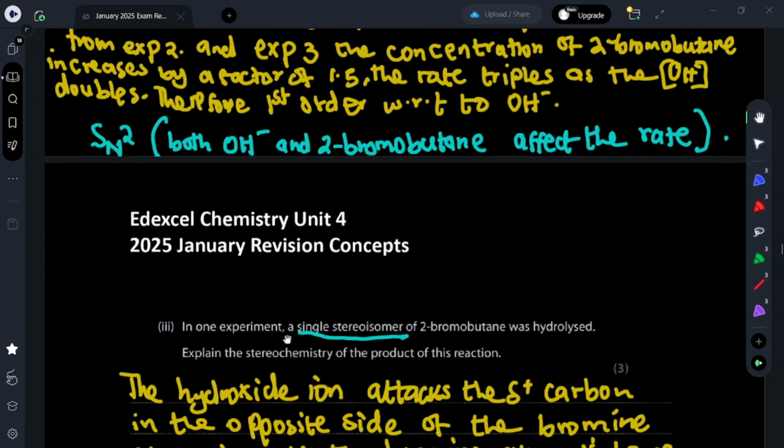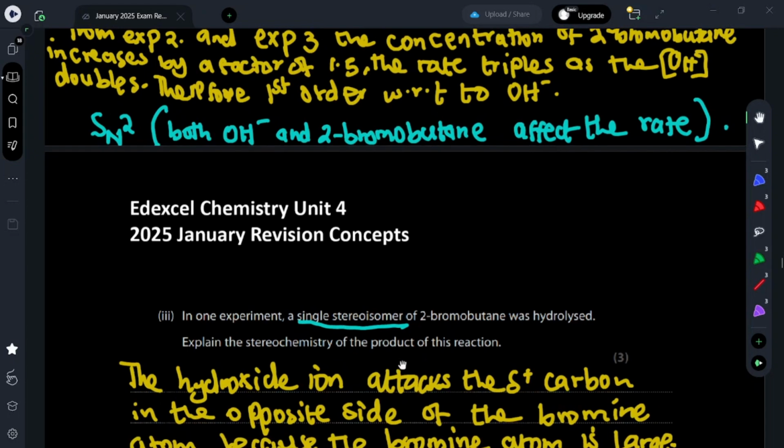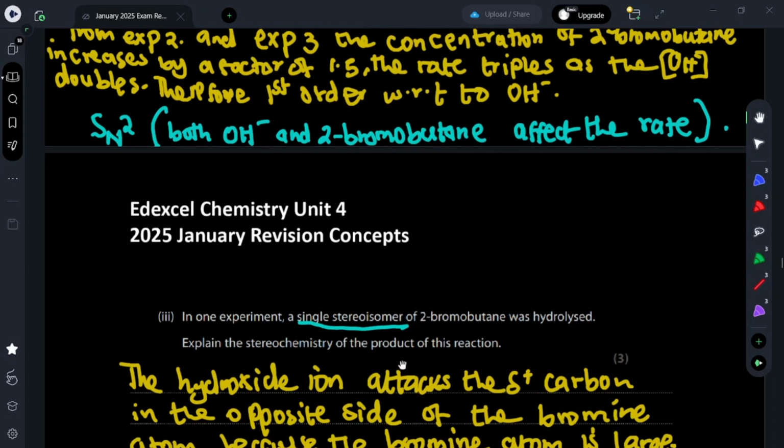In one experiment, a single stereoisomer of 2-bromobutane was hydrolysed. Explain the stereochemistry of the product of this reaction. A single stereoisomer of 2-bromobutane is hydrolysed.